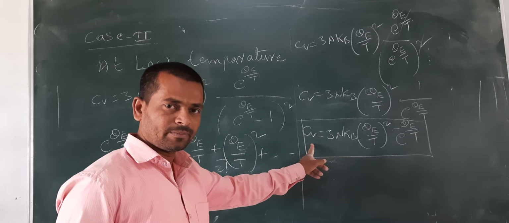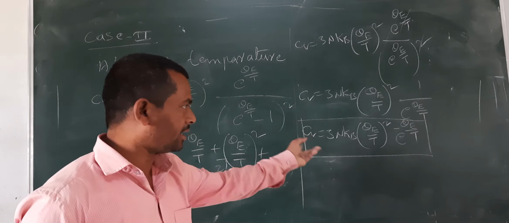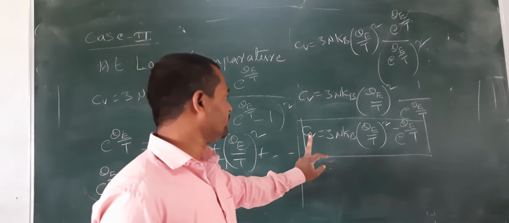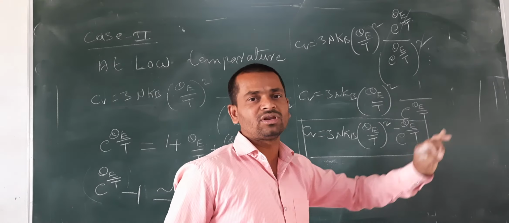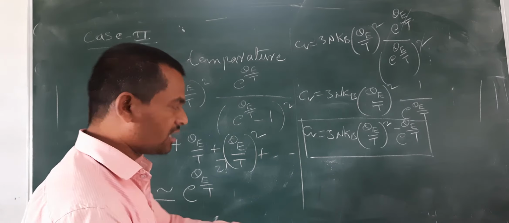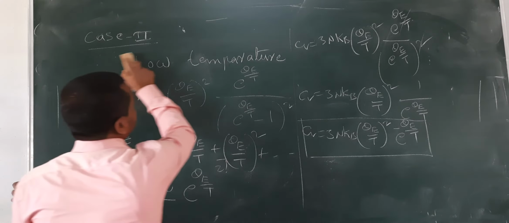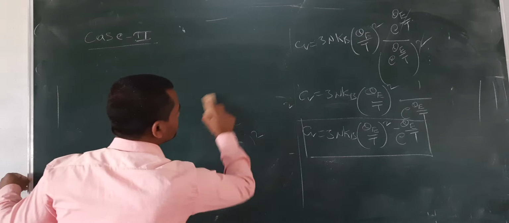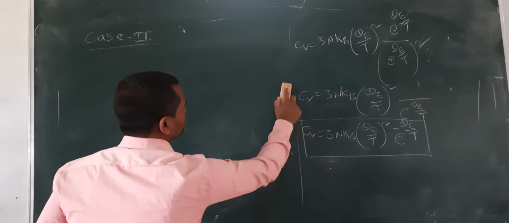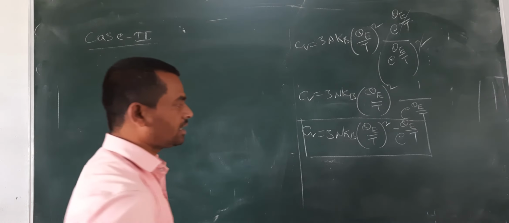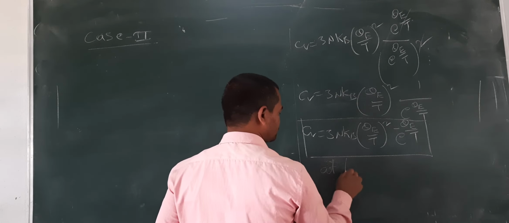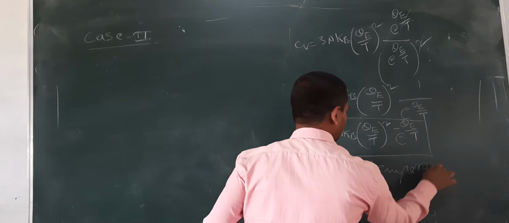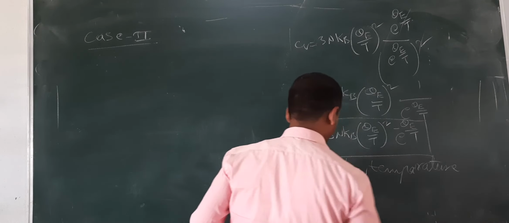So this Cv depends on exponential terms mostly, right? Cv depends on the exponential term. Now see the graph. Let me draw the graph. So this is what we got at a low temperature. Right?